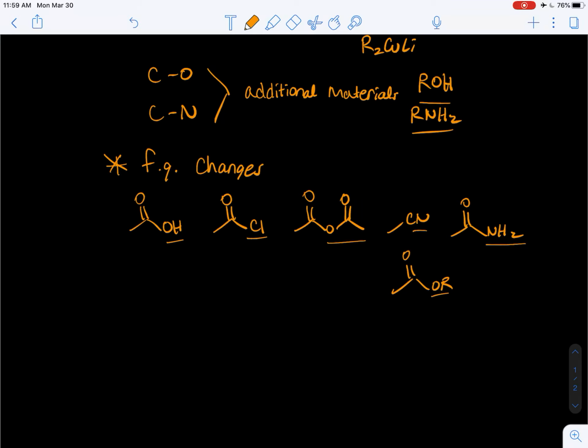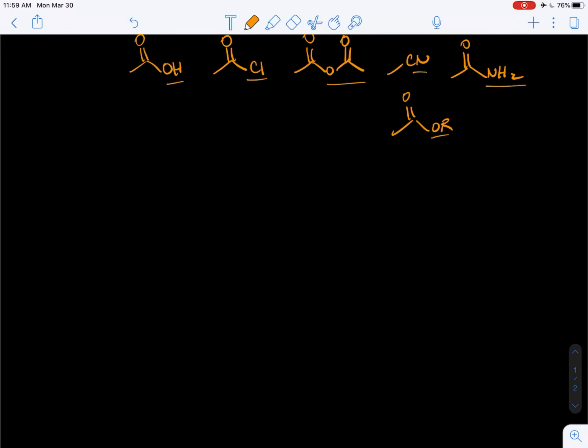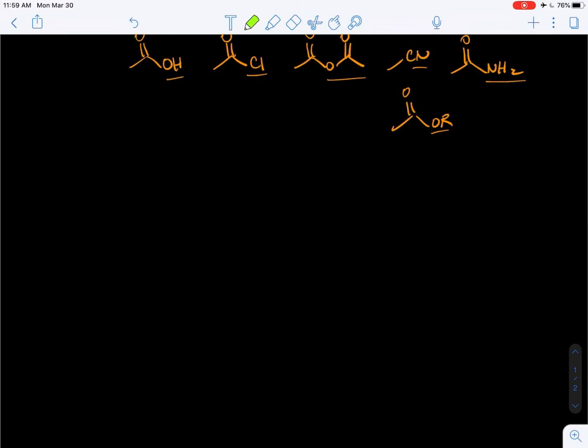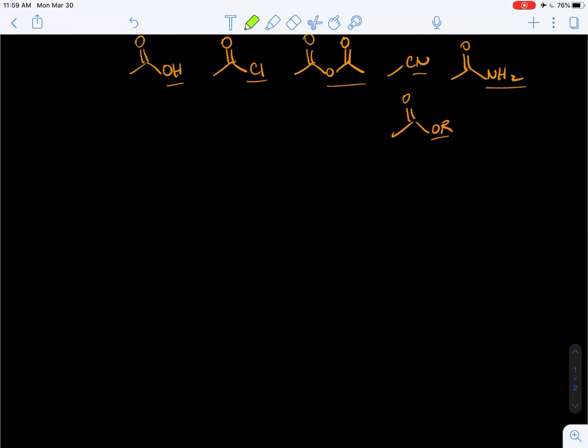Okay. Now there's a lot of different synthetic reactions where you might have to do a couple of different reactions. So for example, your book talks about going from something like this to something like this. Okay. Now you got two carbons there, and you've got two carbons there. So this is an example of a functional group change.